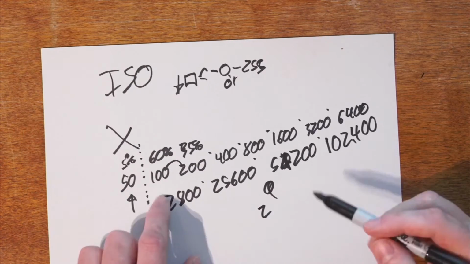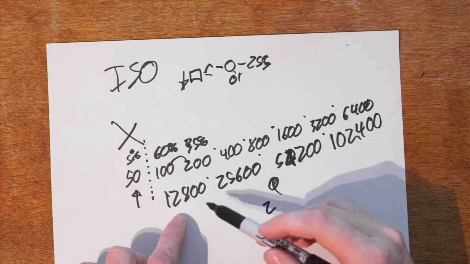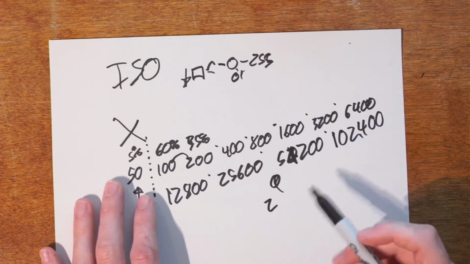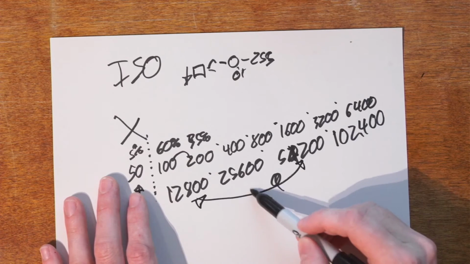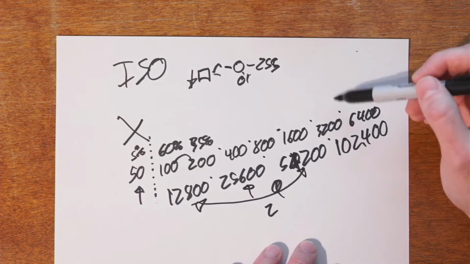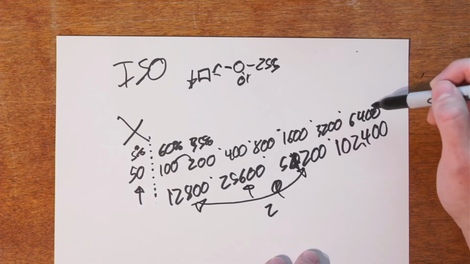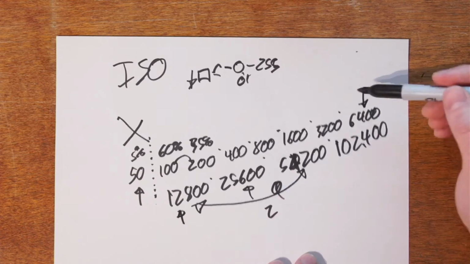Most cameras, again, are going to start at 100 or 200, and they're going to end, if you have a camera you bought this year, somewhere in these 3, most likely. If you have a camera that's maybe 5 years old, you're probably looking at max values of 6400 to 12800.